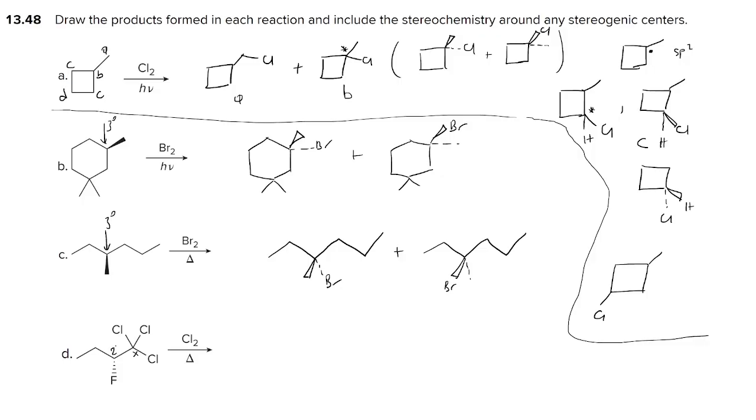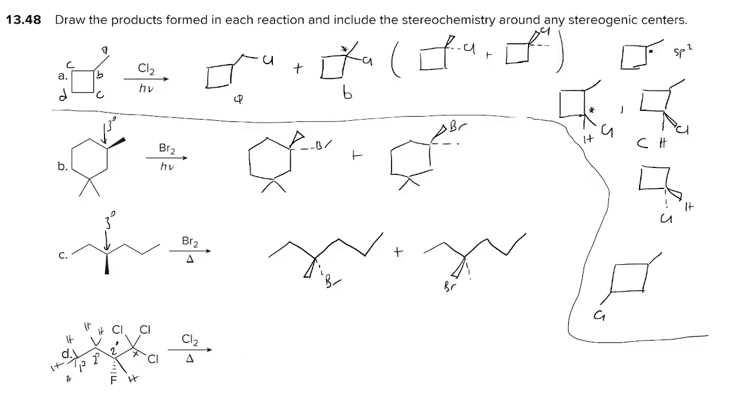Here we have a secondary carbon with a hydrogen, and another secondary carbon with two hydrogens, and a primary carbon here having three hydrogens. The sites of hydrogens are possible chlorination sites.